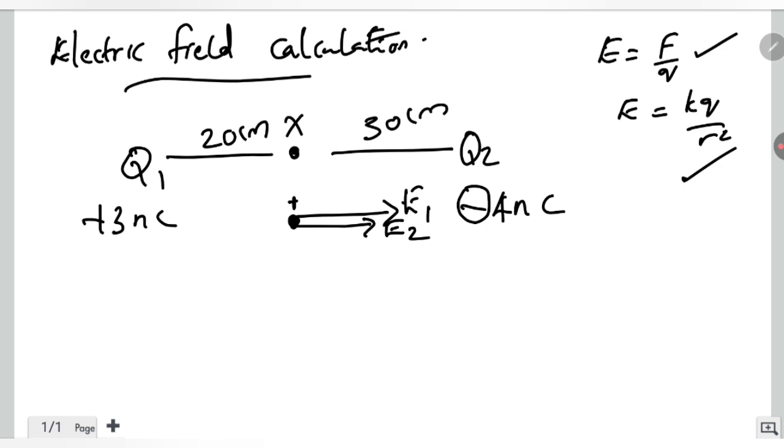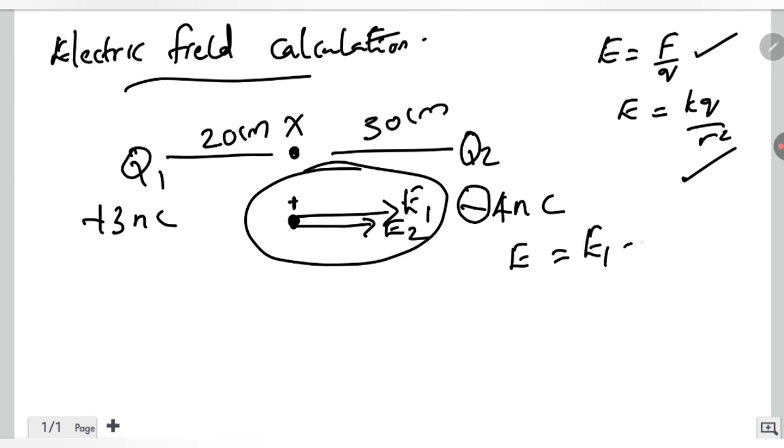This is what you need to do first, because the total electric field E is going to be determined by our vector diagram like this. Since they are in the same direction, we say E is equal to E1 plus E2. But if one is to the right and one is to the left, it's going to be one minus the other. Since in this case both of them are to the right, we say E1 plus E2.